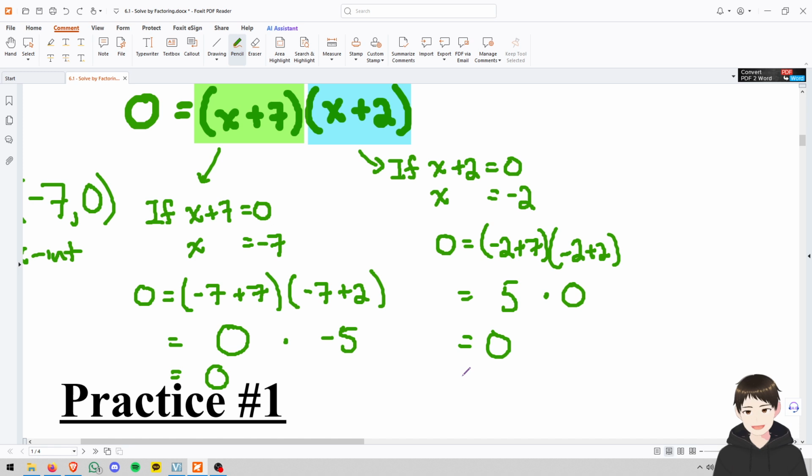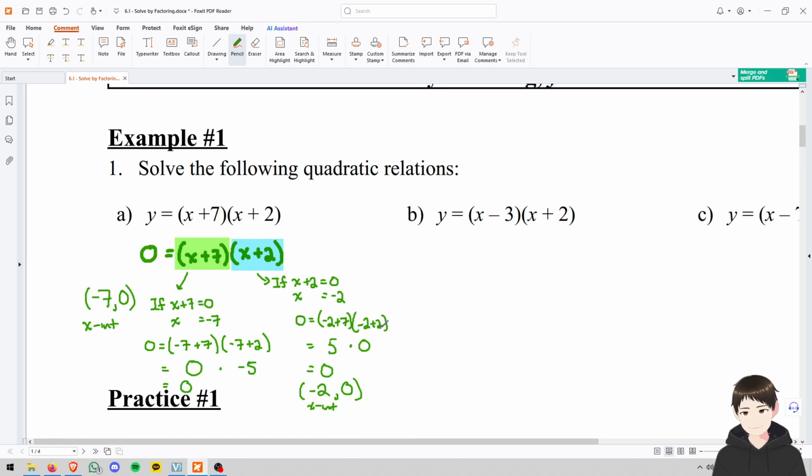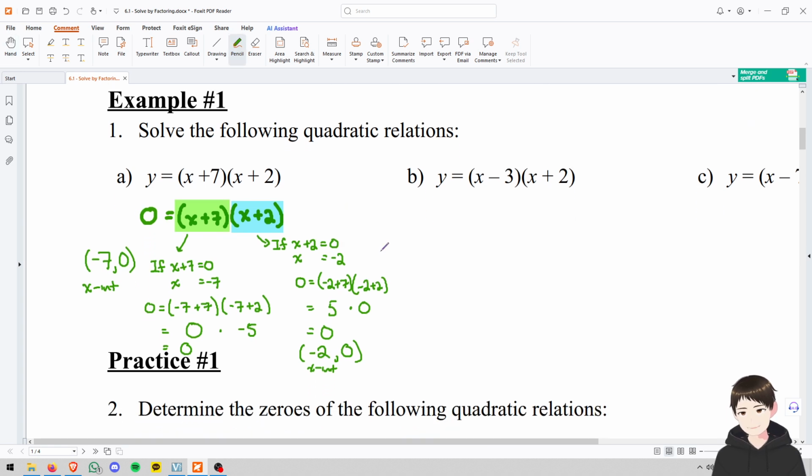I just know that it's going to work. Right? So what's the other x-intercept? When x equals -2, my y value equals 0. These two values are going to be my x-intercepts. So you can say, solve the following quadratic relations. The answer would be x equals -7 and -2. That's how you would write it. But when I write that, you automatically know in your head the -7 refers to an x-intercept of (-7, 0).